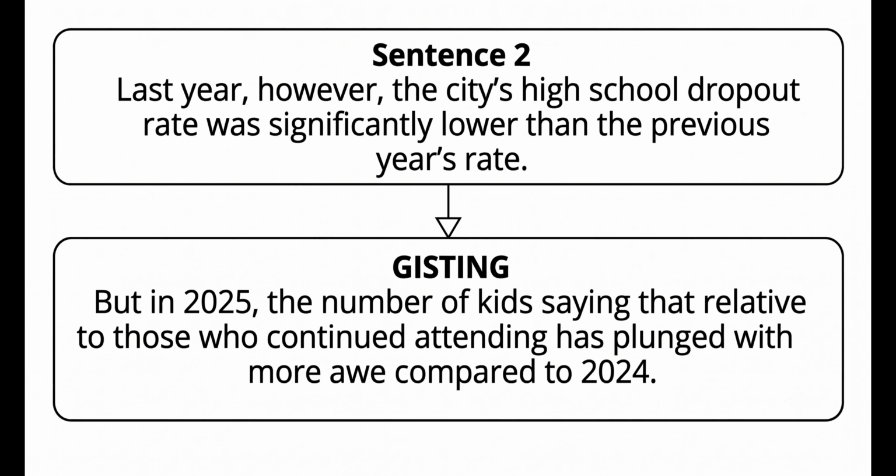Second sentence reads, last year, however, the city's high school dropout rate was significantly lower than the previous year's rate. Rewritten purely in my own words, to me it reads, but in 2025, the number of kids saying that, relative to those who continued attending, has plunged compared to 2024.